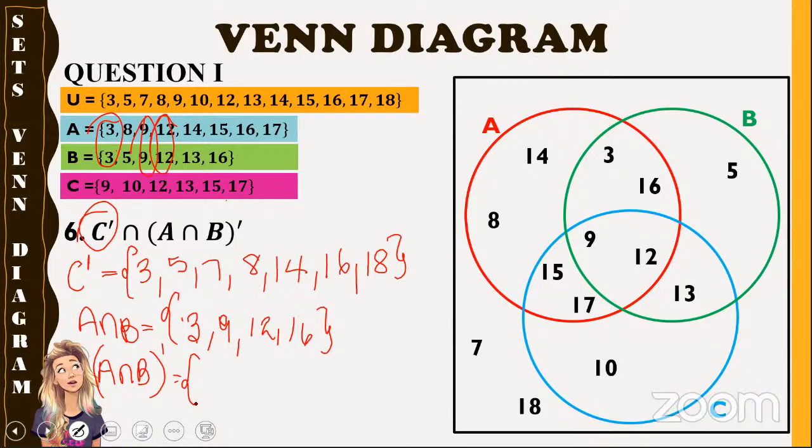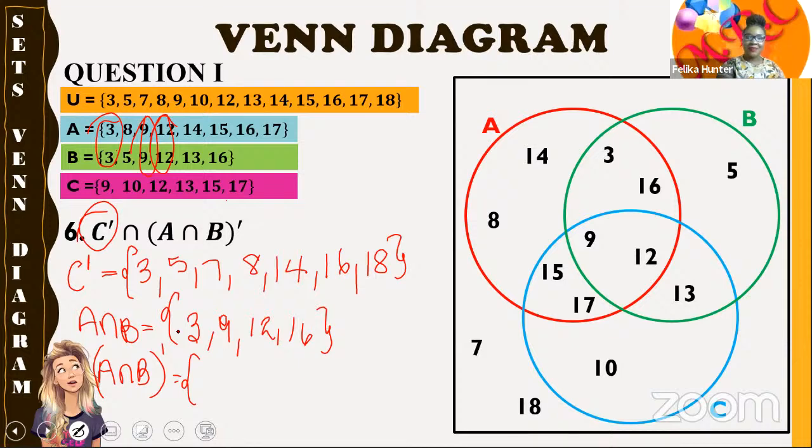So this should be all the numbers out of the intersection. Out where? Be a little more specific. Out of the intersection, in the universal set.